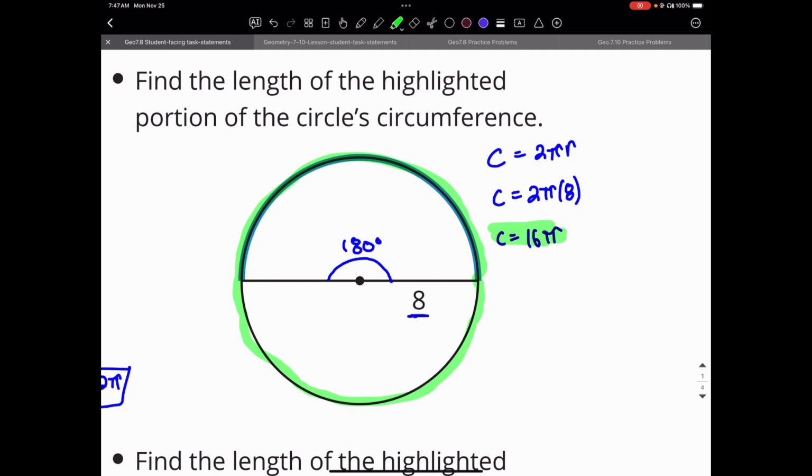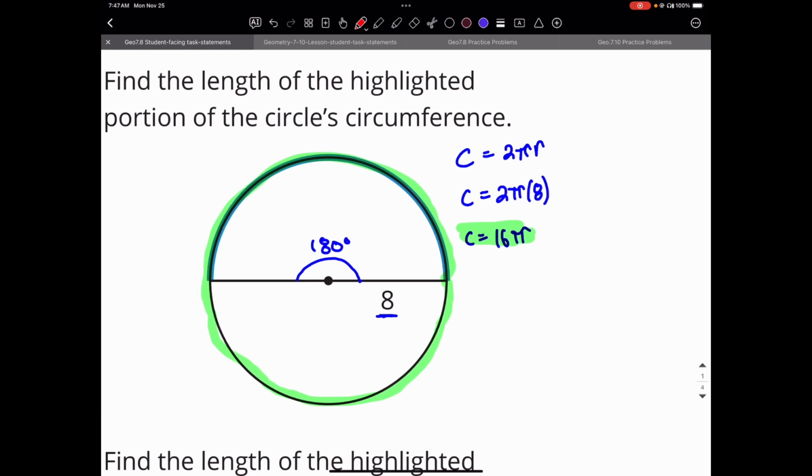So once again, we're in a position where we need to find, well, in this case, it just so happens to be half, but let's set ourselves up for success. What if we didn't know it was half? What if we just had a portion with an arc length? Then, once again, we could use our arc length formula. And this one, of course, we know is 180 over 360 times 2 pi r, right?